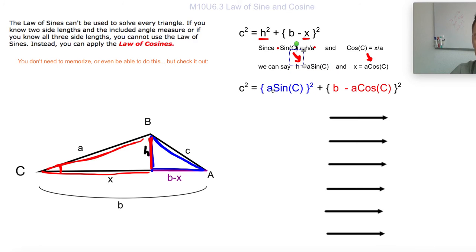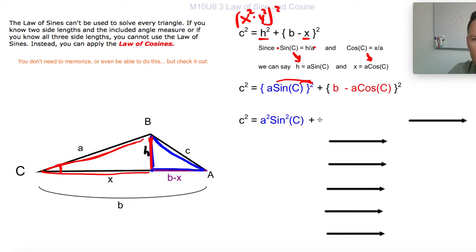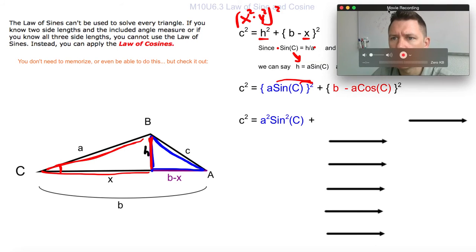If you square this, it's like saying XY squared. It means X times Y times X times Y, so you get two X's and two Y's. So we're doing the same sort of thing here, right? And so for this blue part, you're going to get A squared sine squared of C, which just means sine of C squared.